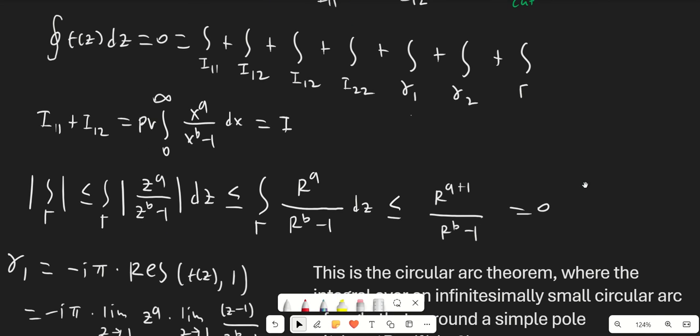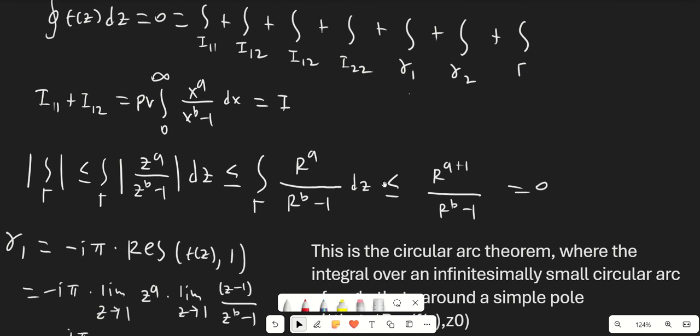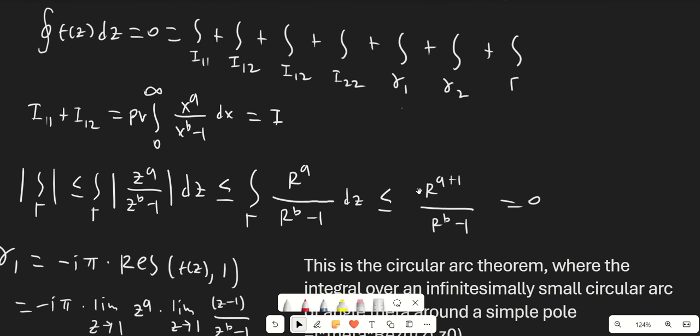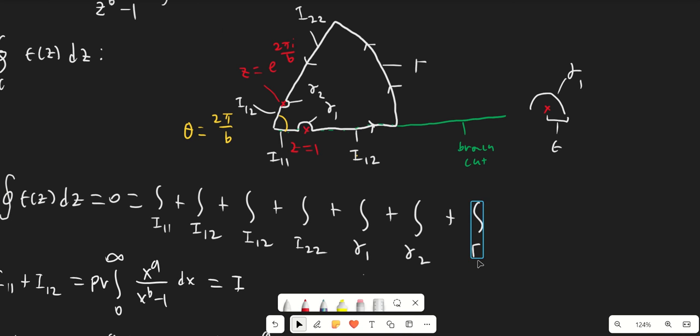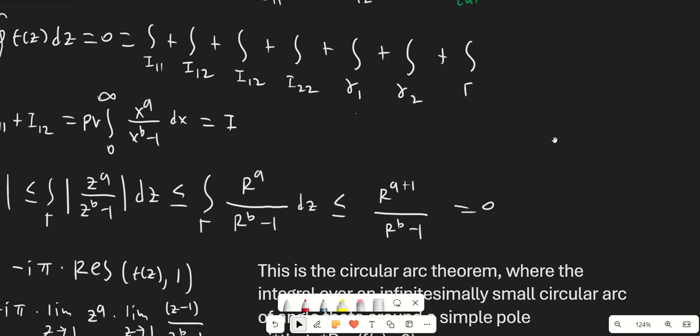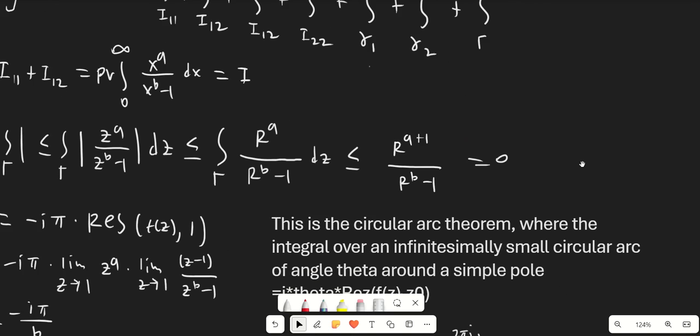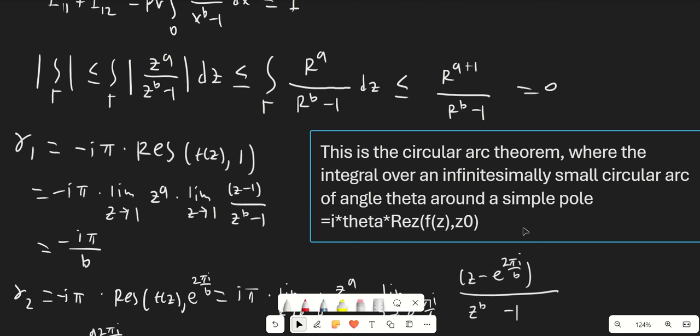That's pretty simple to do using the triangle inequality. And so this is less than or equal to r to the a plus 1 over r to the b minus 1. And actually I should have included also 2 pi over b right here because we're talking about the length of this gamma curve, which is 2 pi over b. But we're not worried because this goes to 0 one way or another. So this just goes to 0.